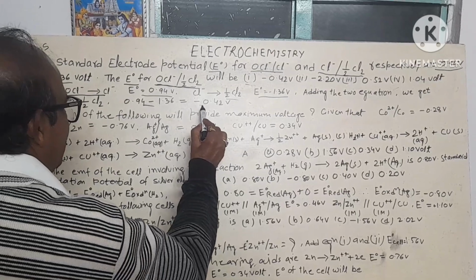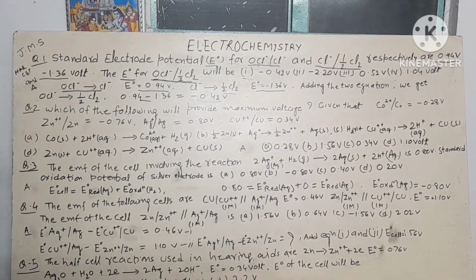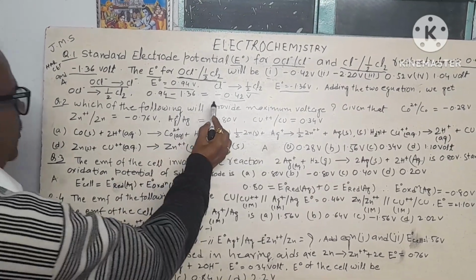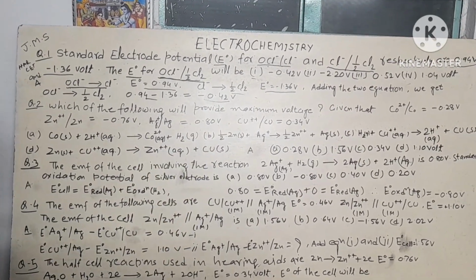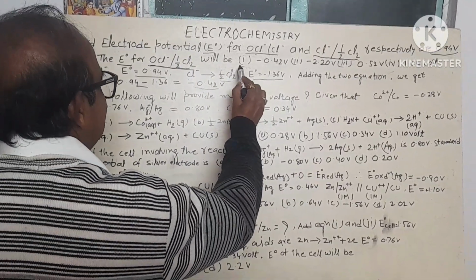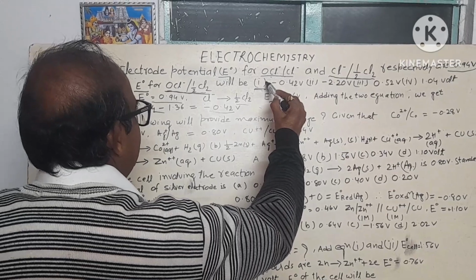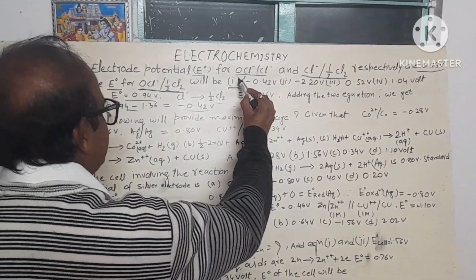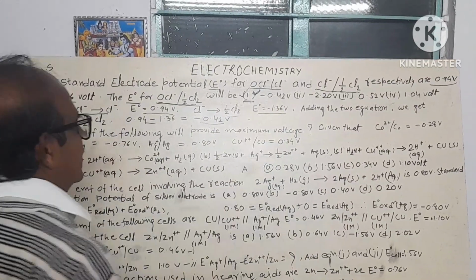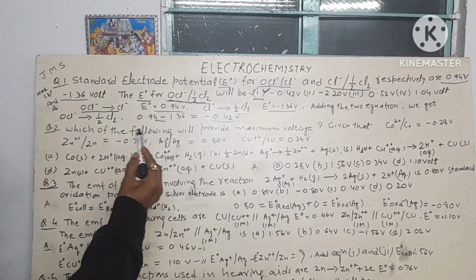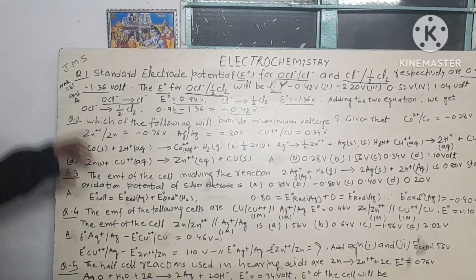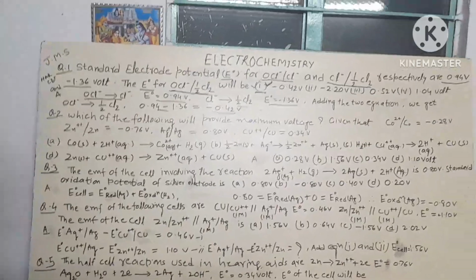After that you will get minus 0.42 volt. Then among the given options, you can see the first option is matching. Hence the first option is correct: minus 0.42 volt. This question was asked in Haryana CET.